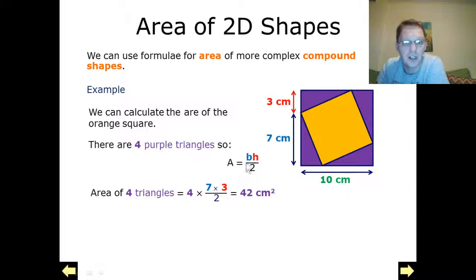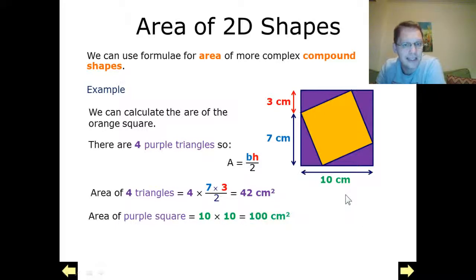So I'm going to do 7 times 3, and then halving that, and that's going to give me the area of 1 triangle. But I'm going to multiply by 4 because I've got 4 triangles. Putting all that into one sum, that gives me a total area of the purple triangles of 42 centimetres squared. Now, if I work out the area of the purple square, so 10 times 10, that will give me 100 centimetres squared.